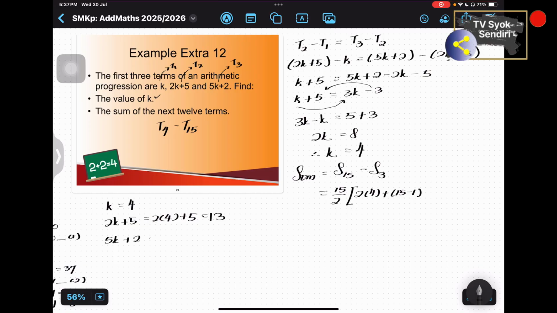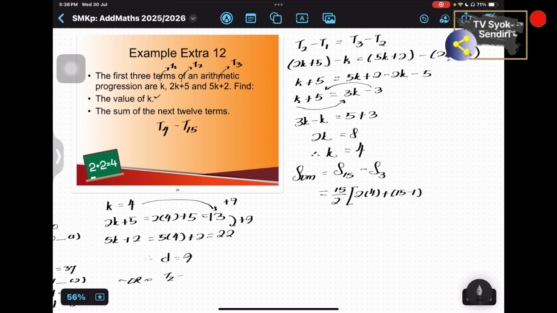Then to double confirm, 5k plus 2 is 5 times 4 plus 2, so it's 22. From 4 to 13, you plus 9. From 13 to 22, you also plus 9. So directly, my conclusion is d is equal to 9.